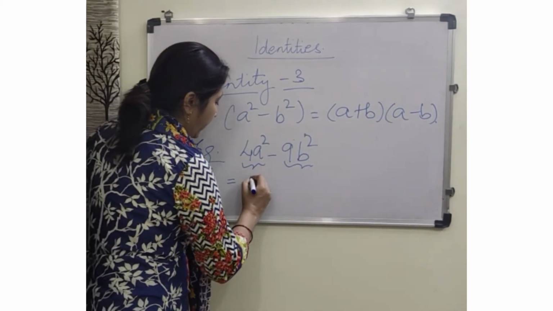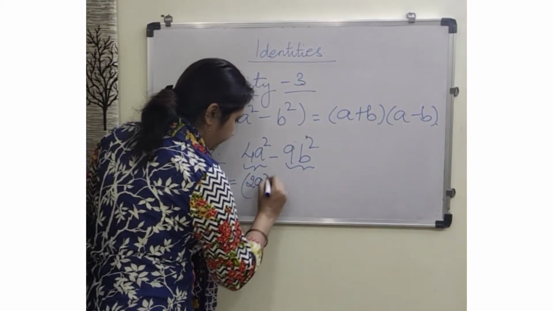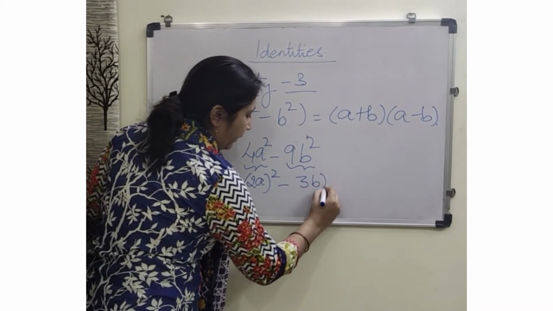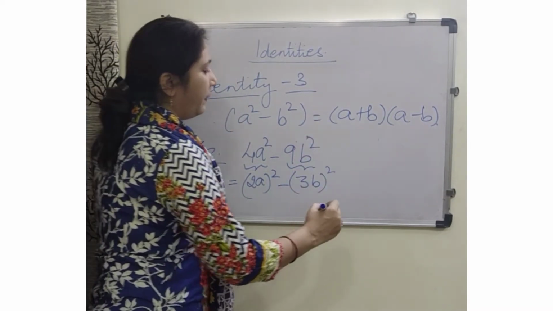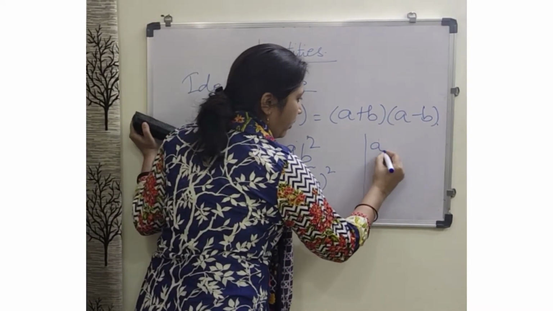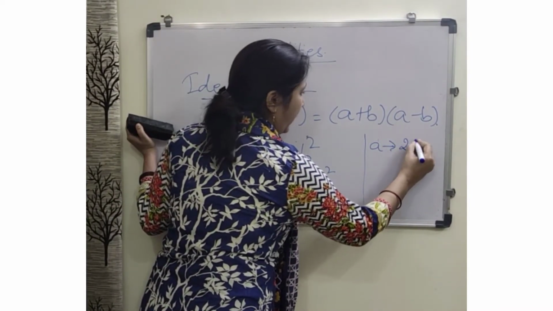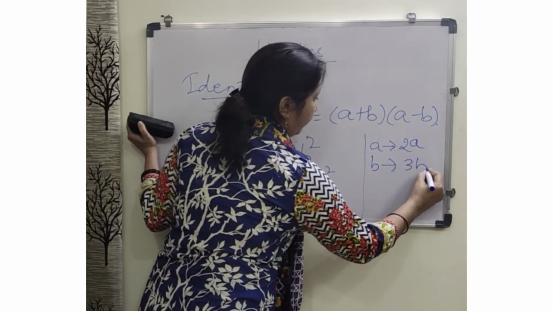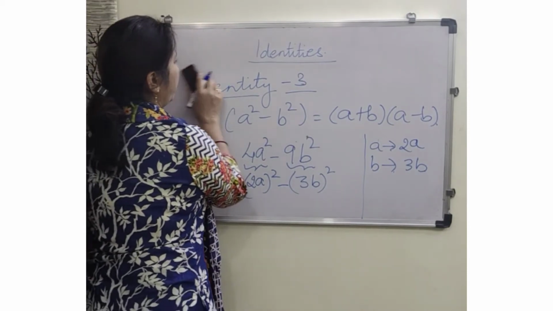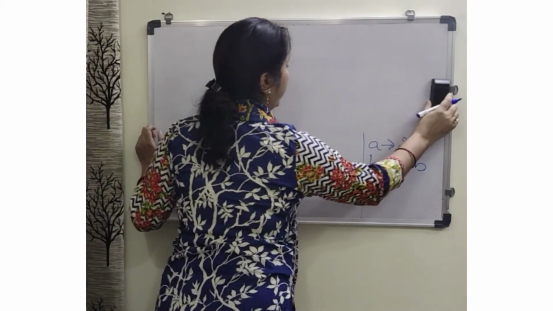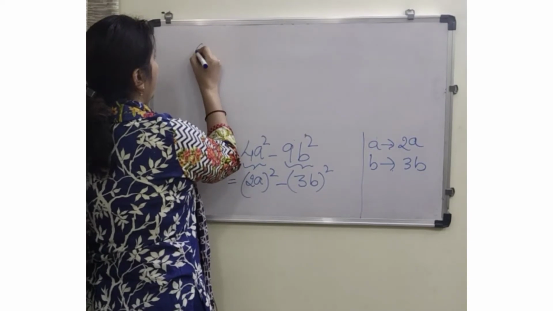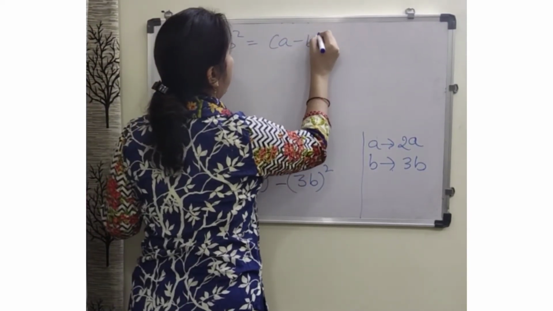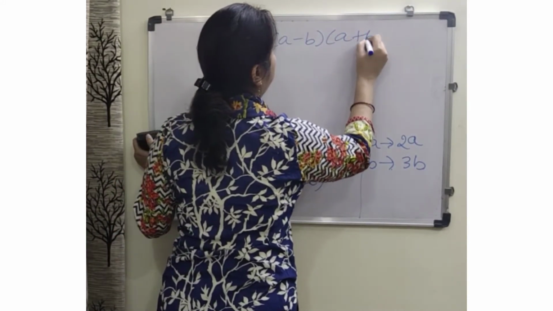So 4a square is the square of 2a, 9b square is the square of 3b, and again don't forget to mention your a and b. Your a is replaced by 2a and b is replaced by 3b. As per the expansion of the identity that you are going to use, a square minus b square is equal to (a minus b) into (a plus b).